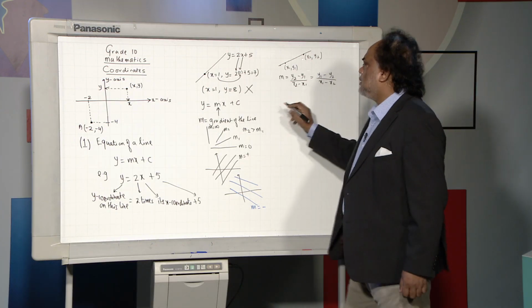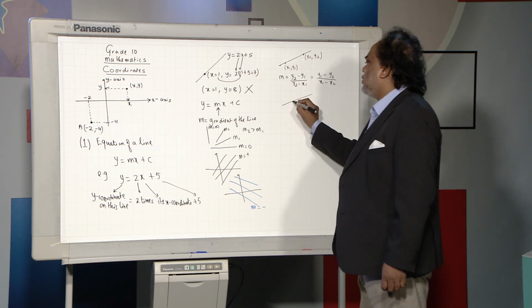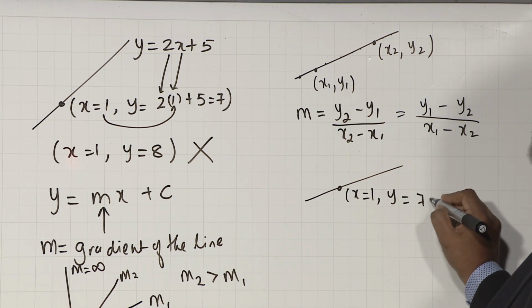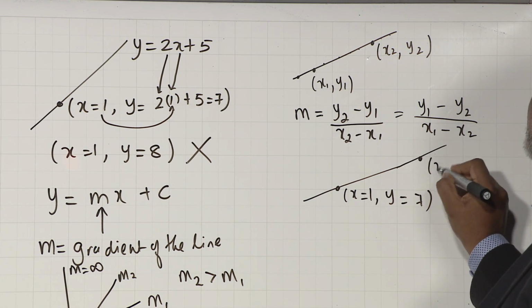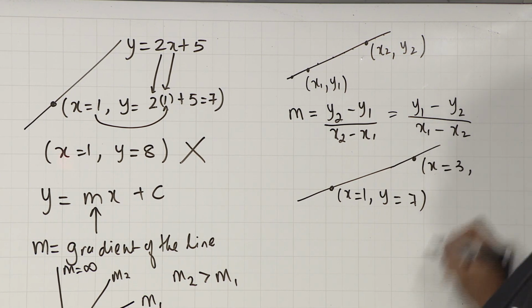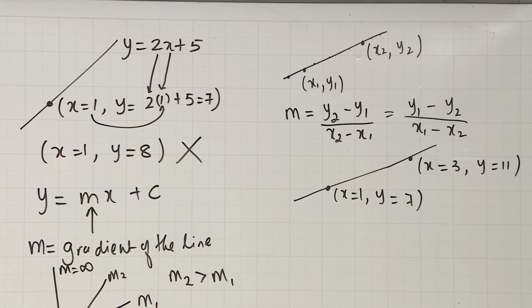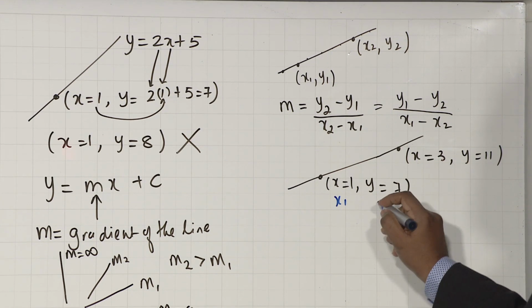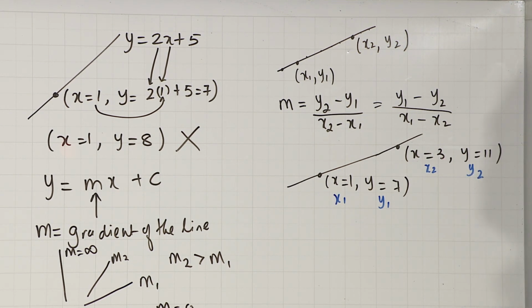Let's take this example. One of the points was x equal to 1, y is equal to 7. Let's take another point, x equal to 3, y is equal to 11. I'm going to label x1, y1, x2, y2.